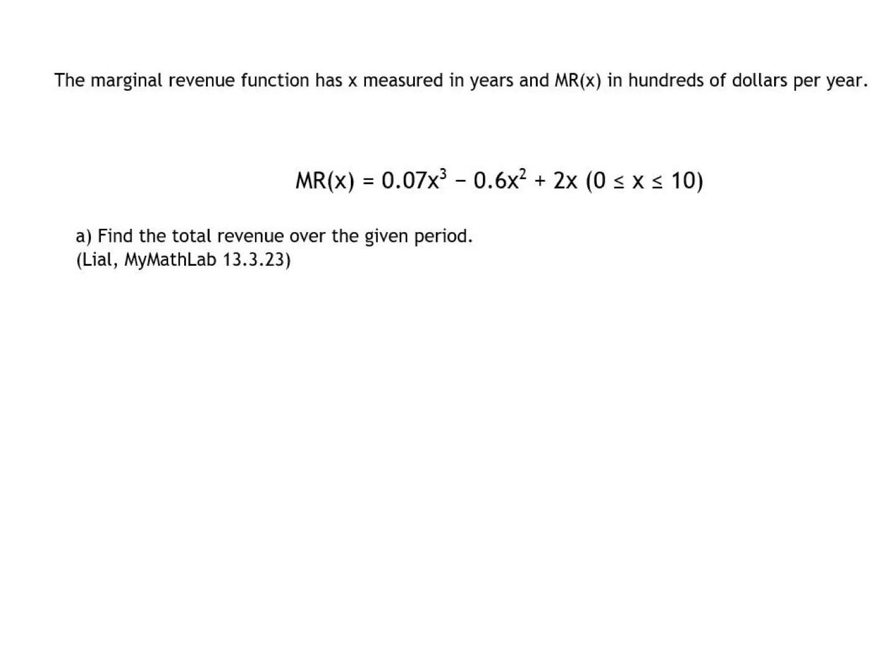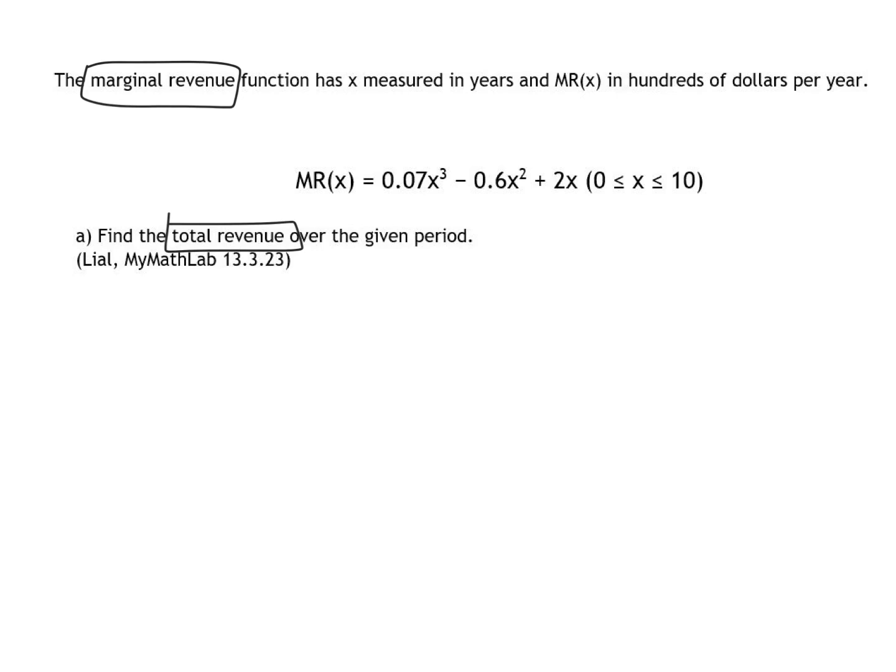So we know this is the derivative. It says to find the total revenue. That tells me we go from the derivative to the integral, so we reverse, and then we evaluate between 2 points. So what are the 2 points? What's the A and the B?